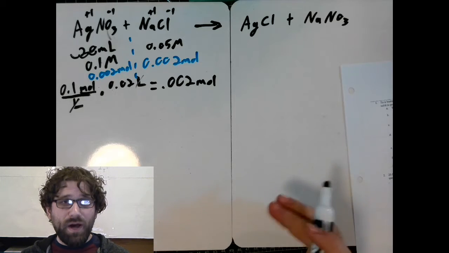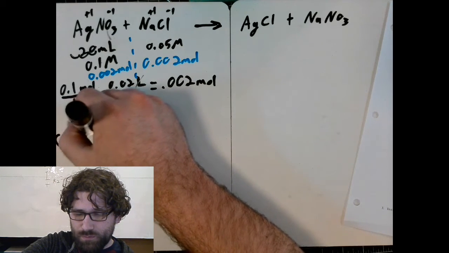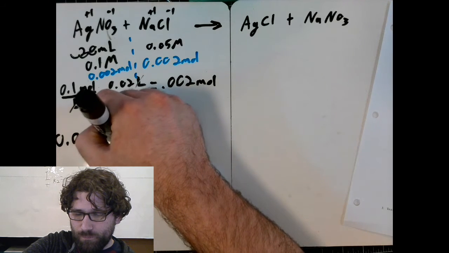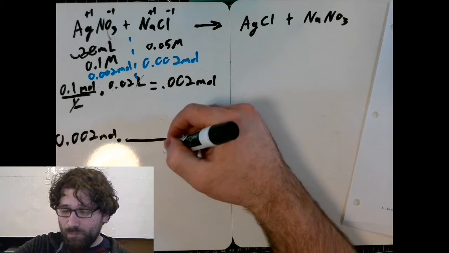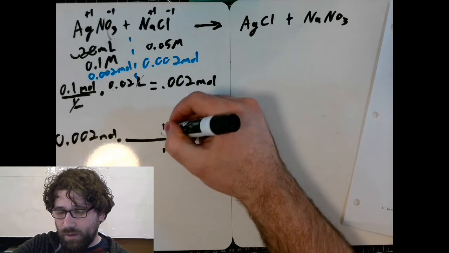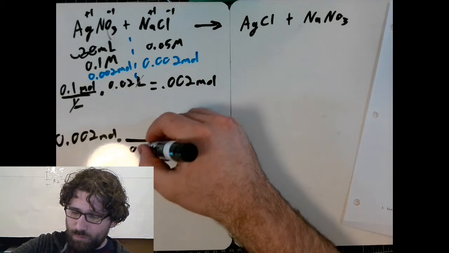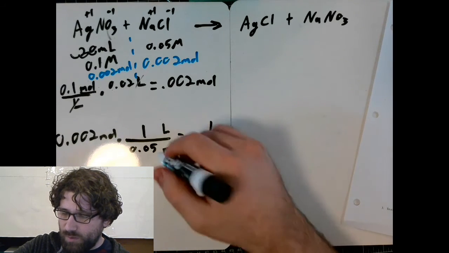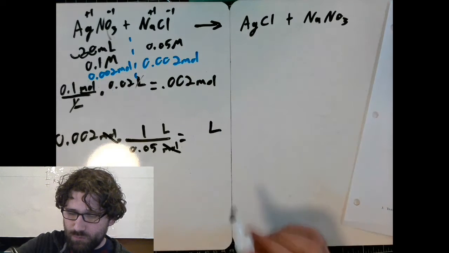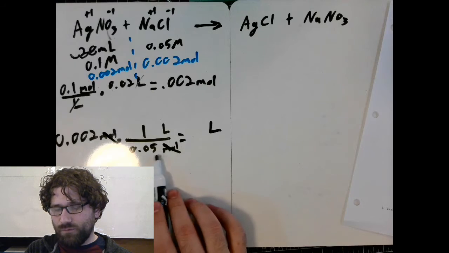So now to find my volume, I'm going to start with my number of moles, 0.002 moles. And then I want to get volume, so I need my moles on bottom, liters on top. And this is 0.05 moles per 1 liter, and that will leave me with liters, because the moles will cancel out. So 0.002 divided by 0.05.